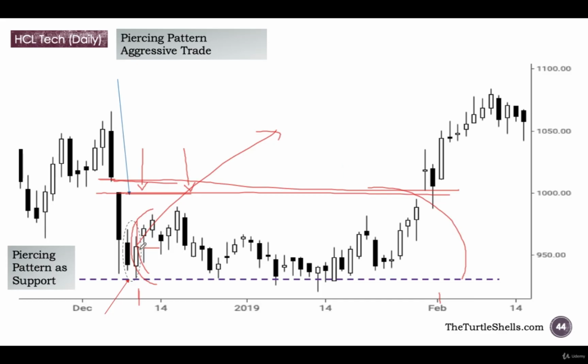So I would not have taken this trade, and rightly so, because the price was stuck. If I would have taken the trade, my money would have been stuck in the market for more than 3 months. This is December, January, February. So it would have taken a long time for me to recover from this trade. That is why I say it's an aggressive trade. It's a low probability trade. Okay?